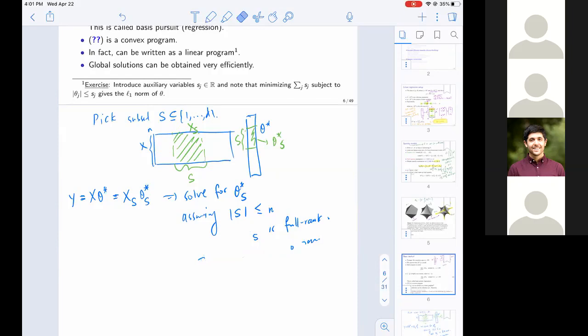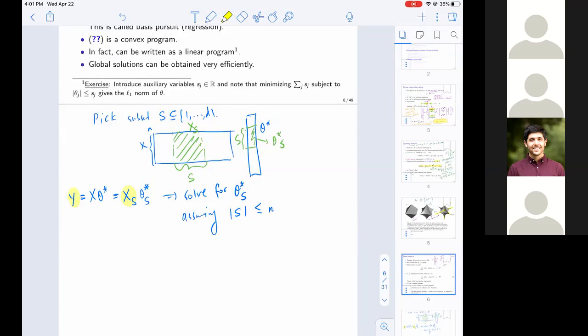Since it has linearly independent columns, right, but the question is whether y can be written as a linear combination of those columns or not. So y might not be a linear combination of the columns of X_S. If it is, then you can solve it.